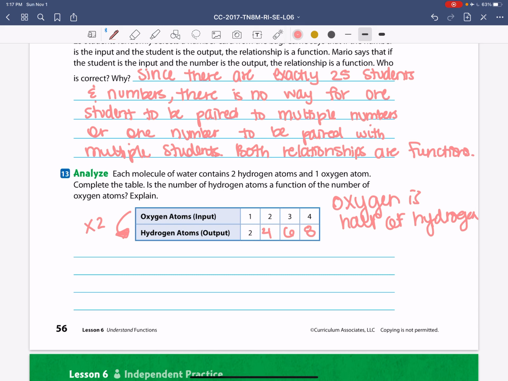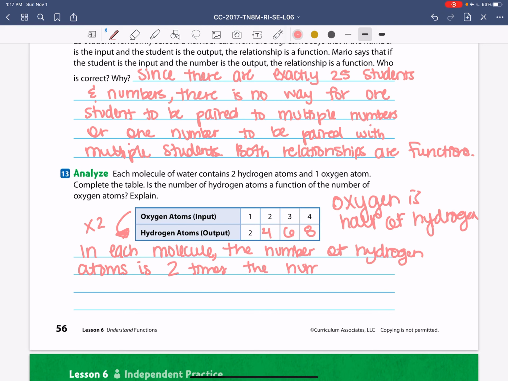In each molecule, you could say this. In each molecule, the number of hydrogen atoms is 2 times the number of oxygen atoms.